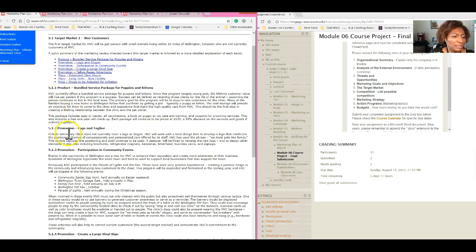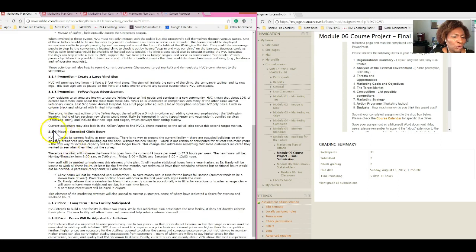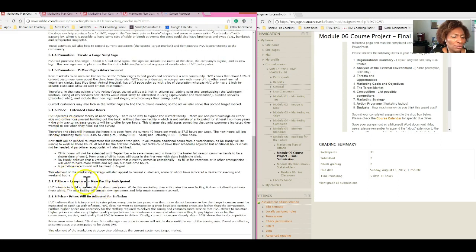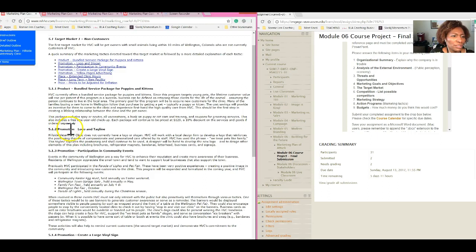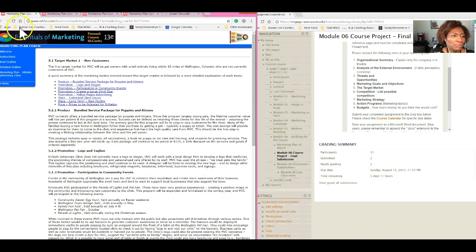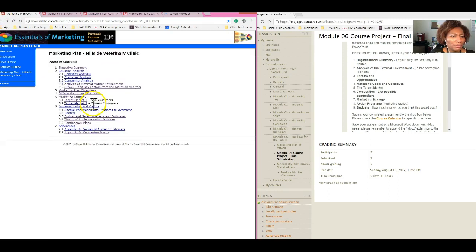The product, how they plan to promote it. There's more promotion strategies, the placement, as well as the price. So you can use all of these or some of these, depending on what you plan to include in your marketing plan and what is appropriate for it basically.